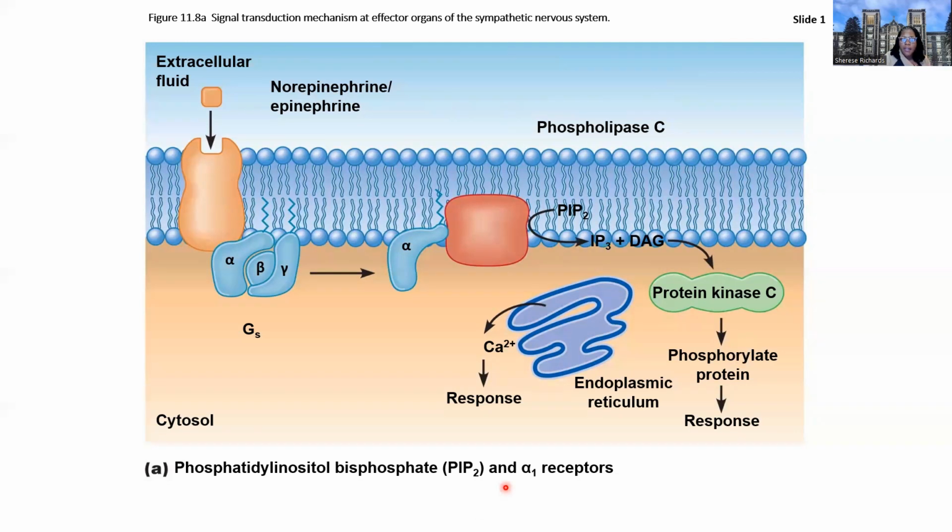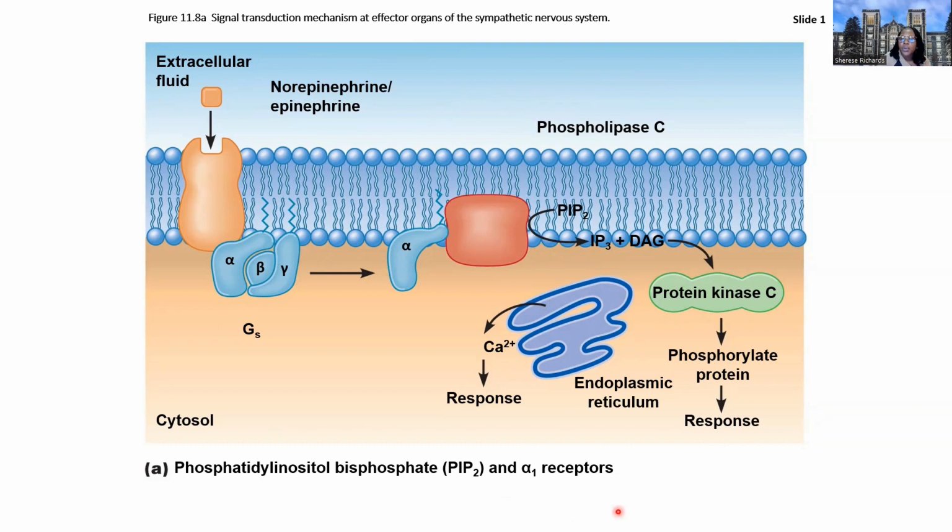Because alpha receptors have two different mechanisms, alpha 1 has an entirely different mechanism than alpha 2, we're going to talk about those two mechanisms separately. And then for the most part, all beta receptors have the same second messenger and a slightly different response to that second messenger.